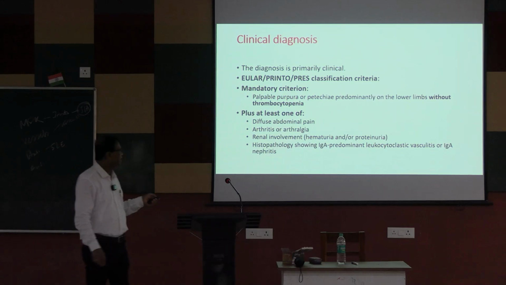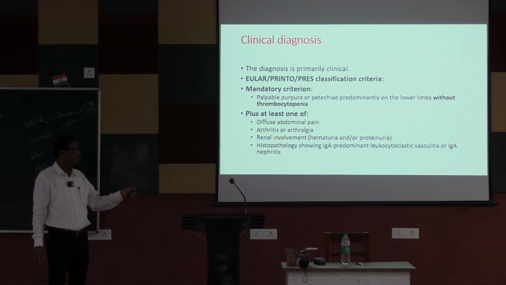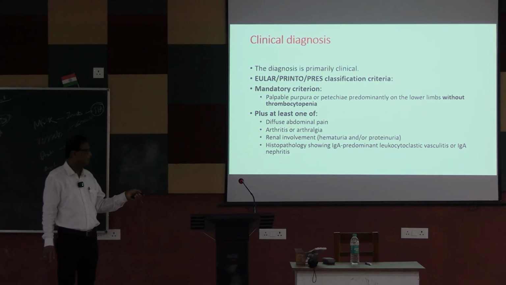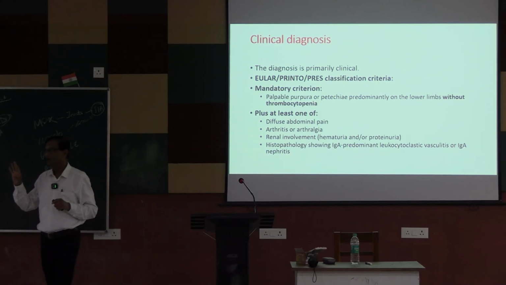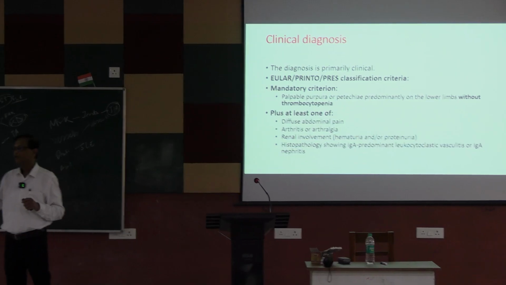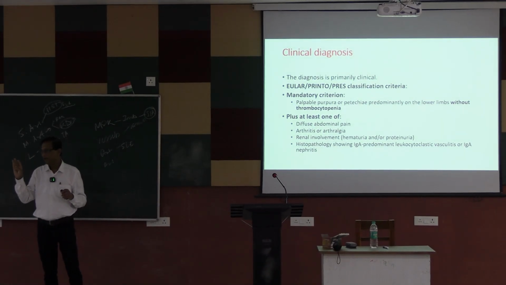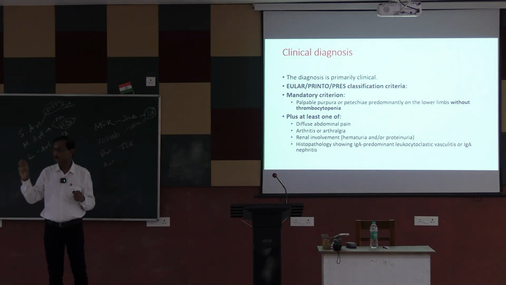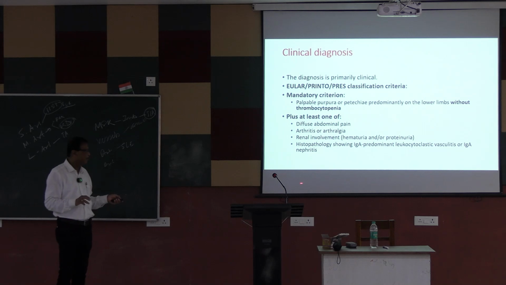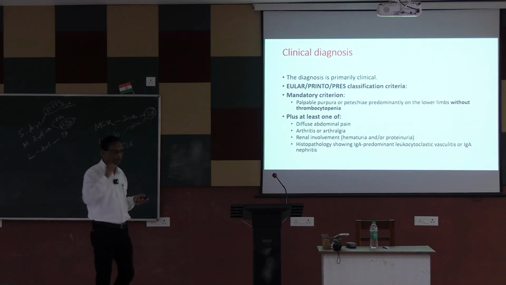Plus at least one of the following: diffuse abdominal pain, arthritis or arthralgia, renal involvement, or histopathology showing evidence of IgA deposition. Any one of the four, that is gastrointestinal manifestation, that is abdominal pain, then arthritis, then renal involvement, or biopsy proven. So biopsy is not mandatory, and the mandatory is palpable purpura.